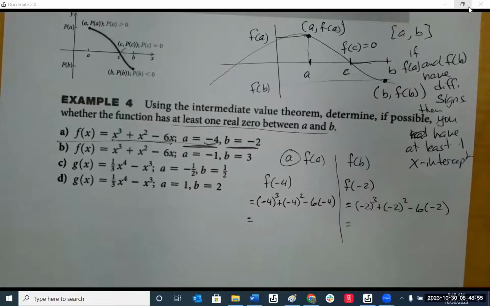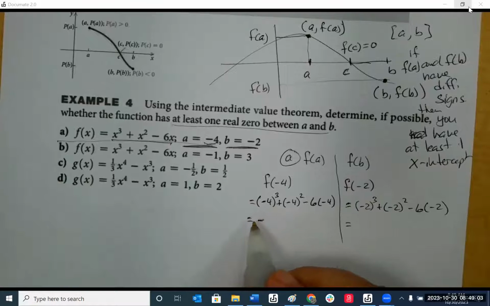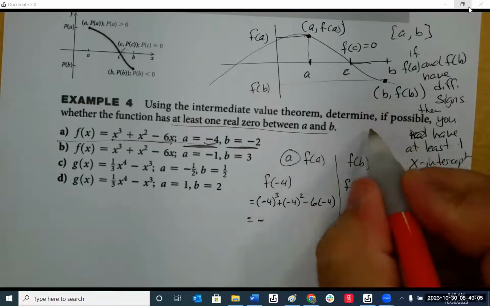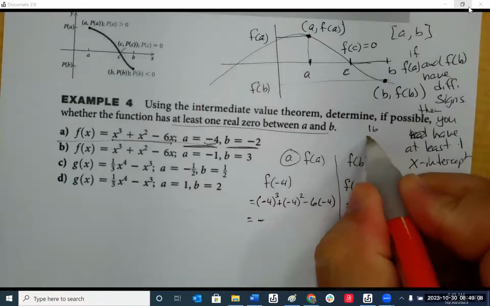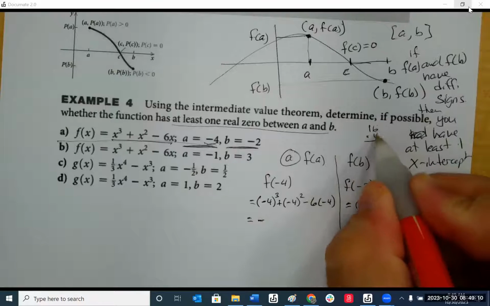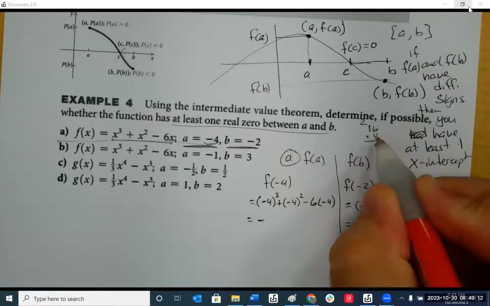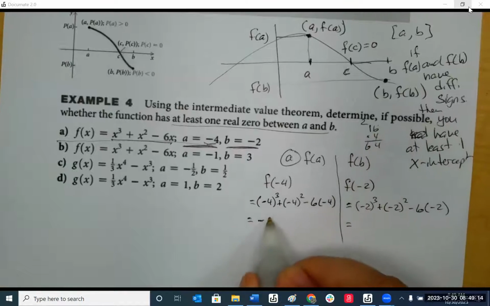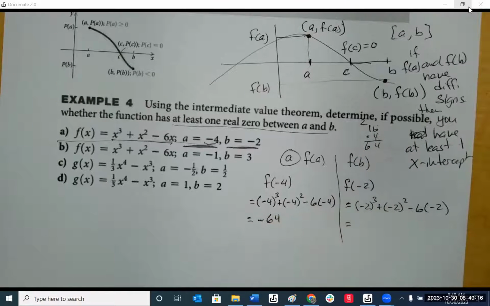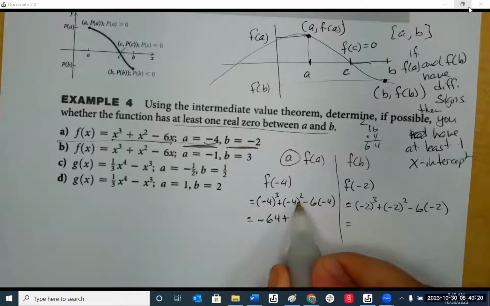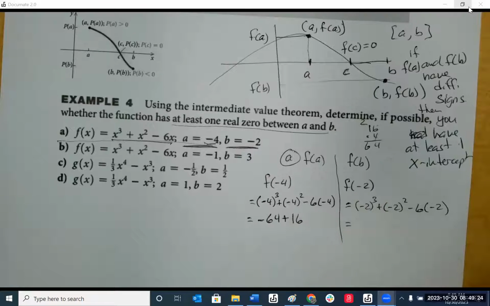What's -4 cubed? Is it going to be positive or negative? It'll be negative. 4 times 4 is 16. 16 times 4 is 64. Negative 4 squared is going to be positive. So 4 squared is 16.